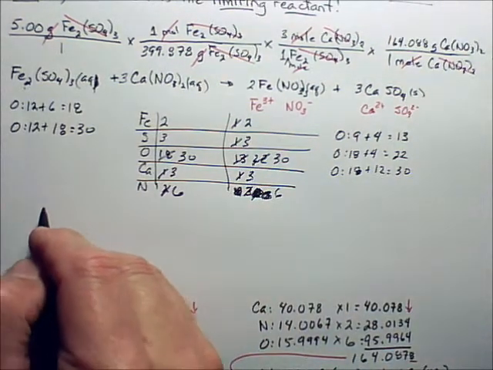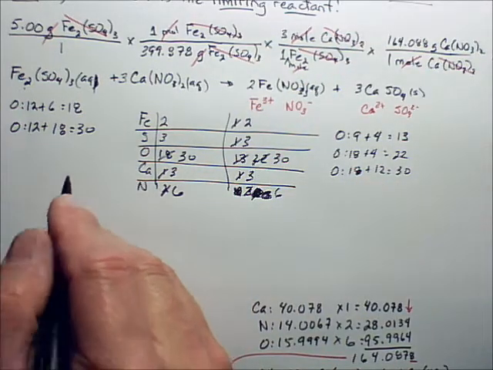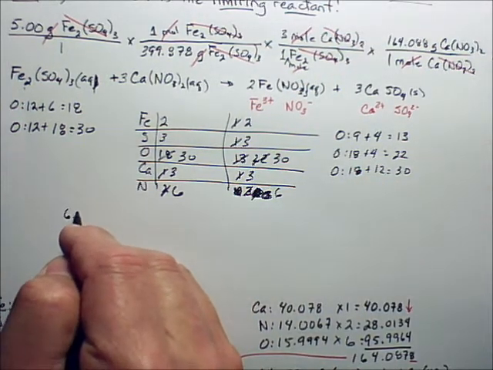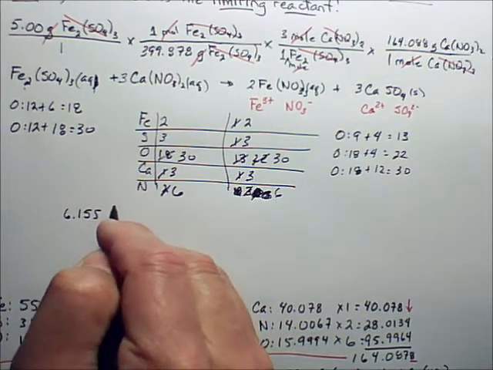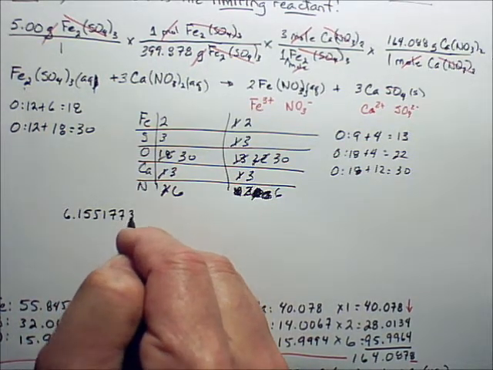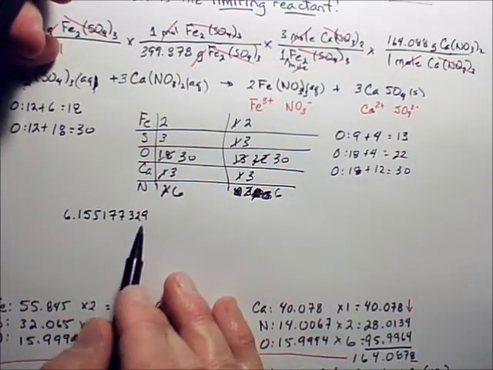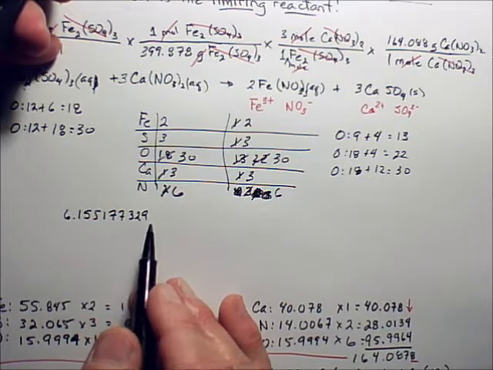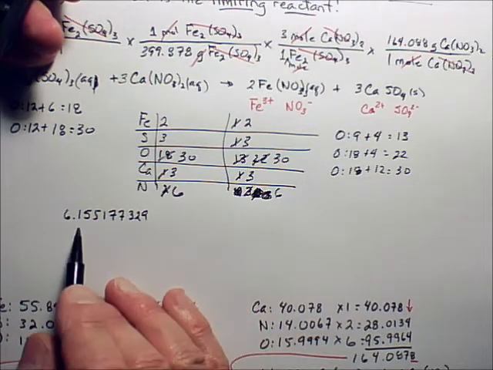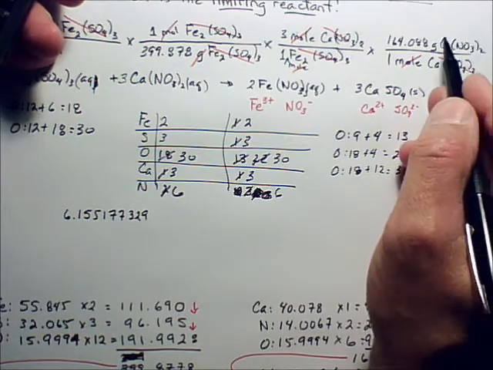And I'm going to start putting my answer down here. I should have left some space in there, I guess. But we get 6.155177329. Now your calculator may have one less digit or something on the end. That's okay. You just put down the full answer from your calculator. Put down the units and species that are left.